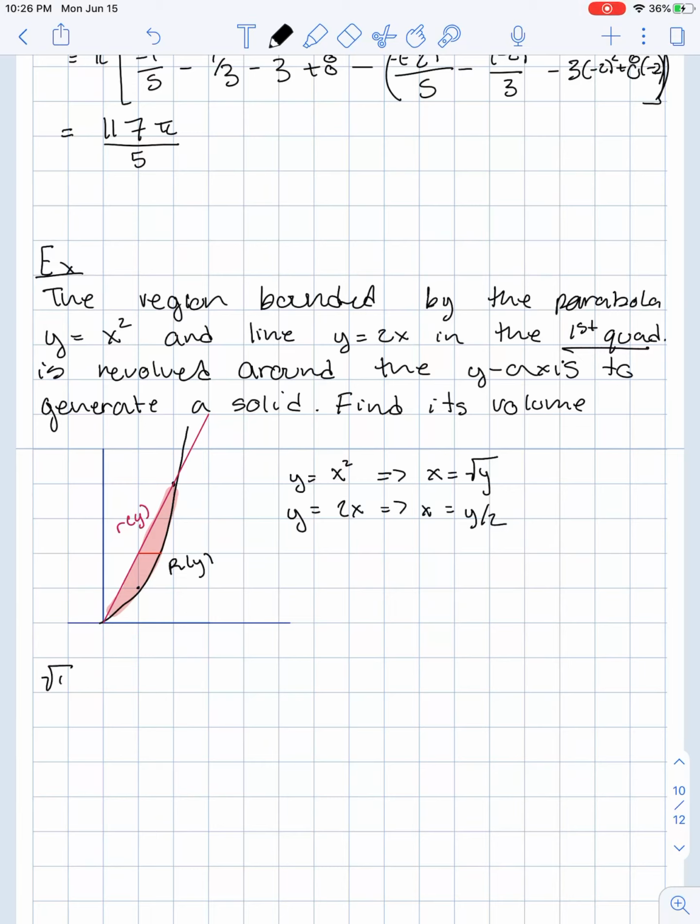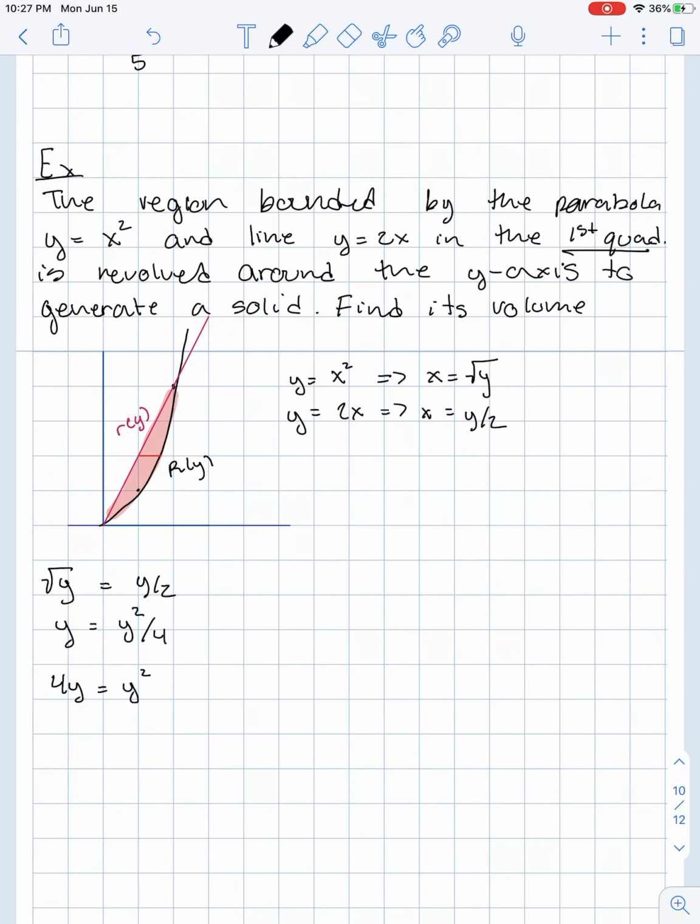So I'm going to set the square root of y equal to y over 2. So that's going to be y equals y squared over 4. So 4y equals y squared, which means either y equals 0 or 4 equals y.